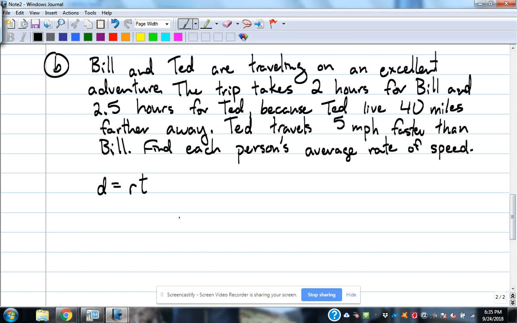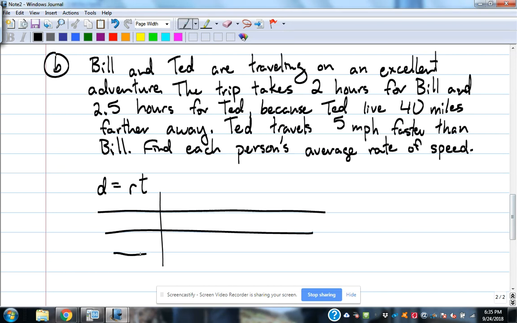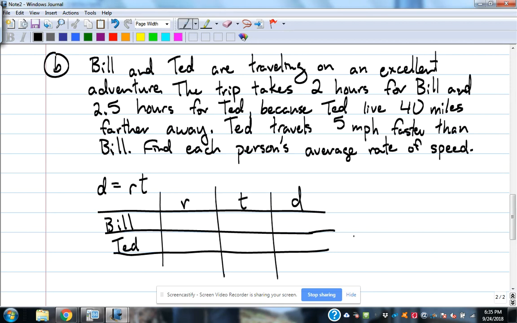And that method is using a table. So I'm going to set up a little table here. I'm going to have a Bill row and a Ted row. I'm going to have 3 columns. A distance column, a rate column, and a time column. I put them in that order just randomly. It really doesn't matter.